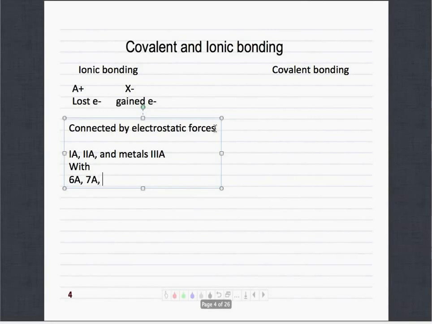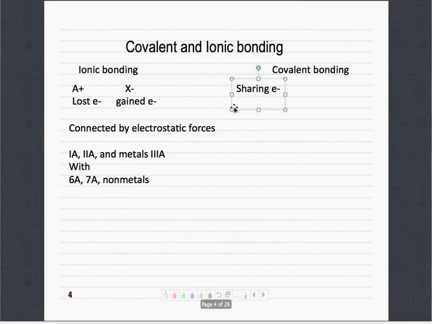Now, covalent bonding. Ionic bonding is losing or gaining. Covalent bonding is sharing. For example, if I have fluorine, F2, neither one of the fluorines lost an electron. They put the two electrons in between them and they share them. It could be an equal share or an unequal share, and that's going to cause polarity, which we're going to talk about later in the chapter. So none of those atoms lost or gained electrons.